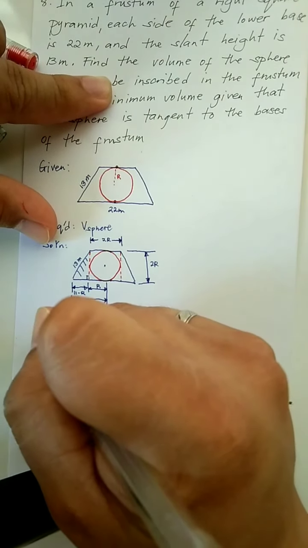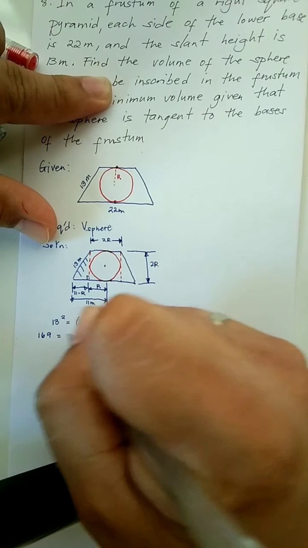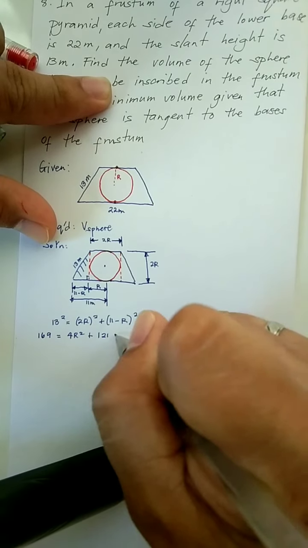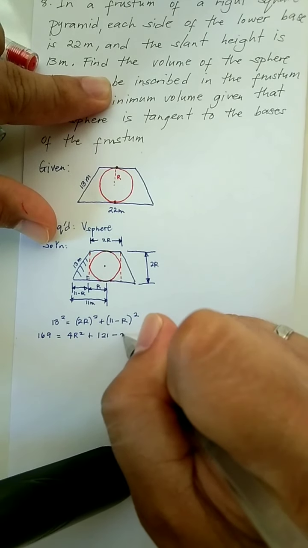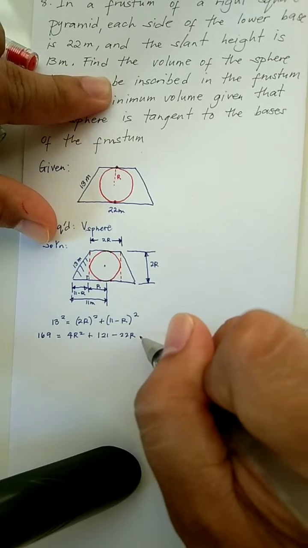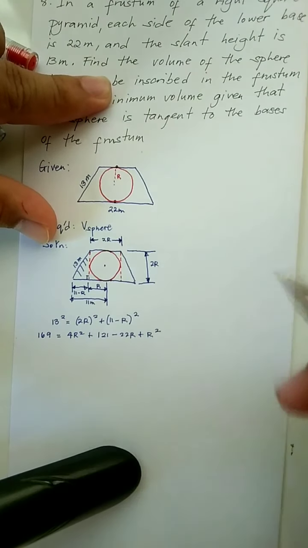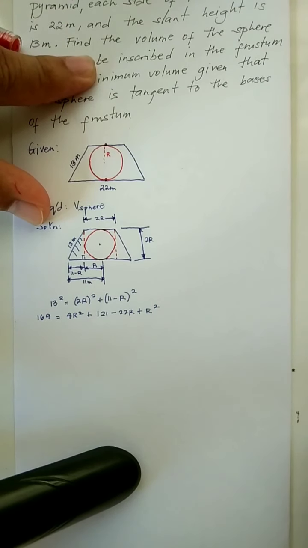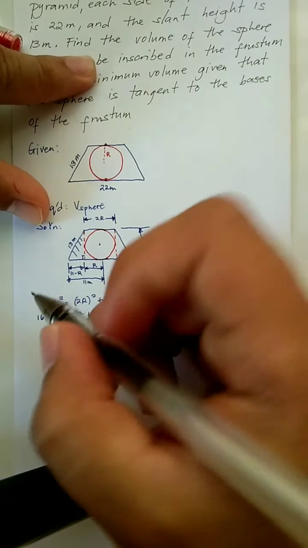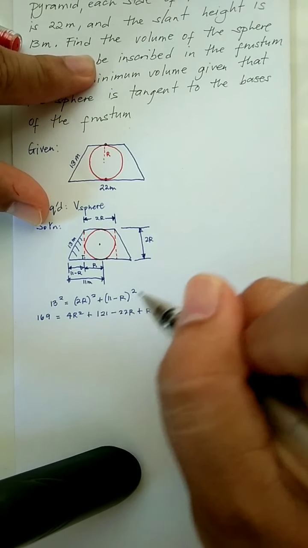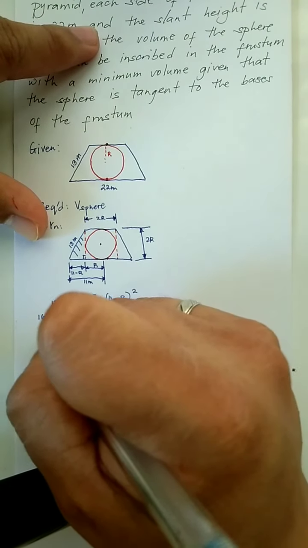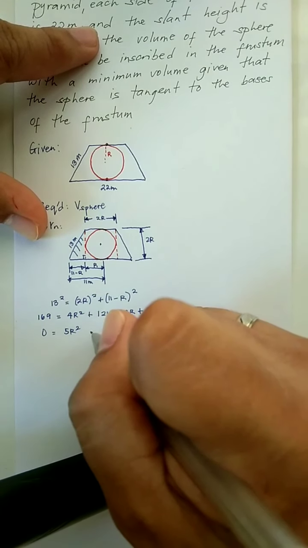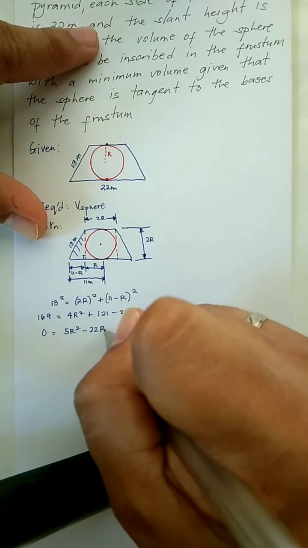So let's expand. This is 169 is equivalent to 4r squared plus 121 minus 22r plus r squared. So this is a quadratic equation. Let's move all the terms on one side. In this case, I will move 169 to the right side. So you have 0 is equivalent to 5r squared, that's 4r squared plus r squared, minus 22r.